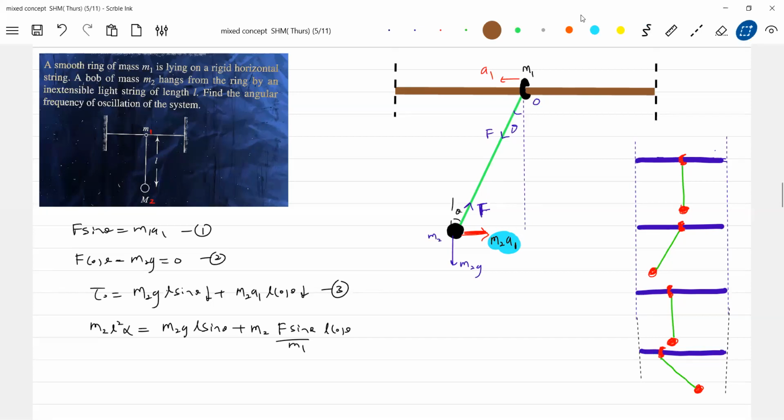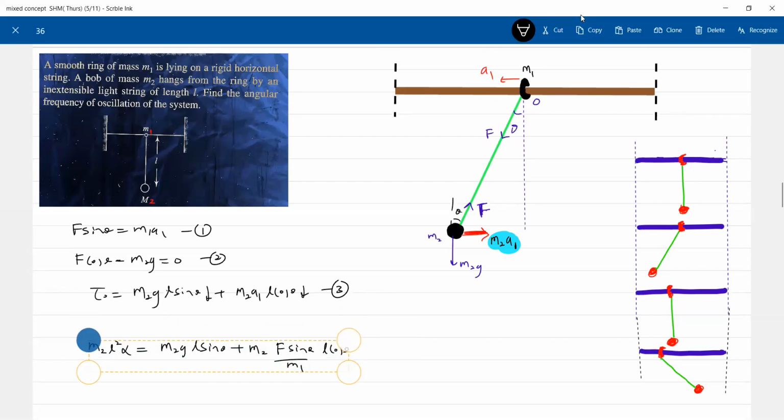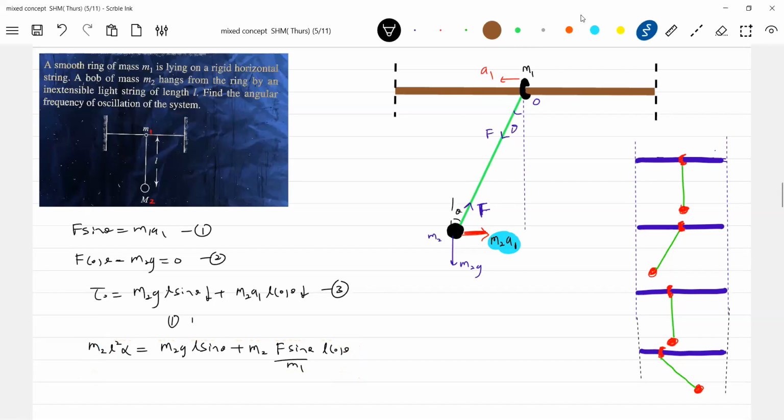So what we did, put 1 in 3. Again, what is F? F is an unknown. So F will be M2G by cos theta.